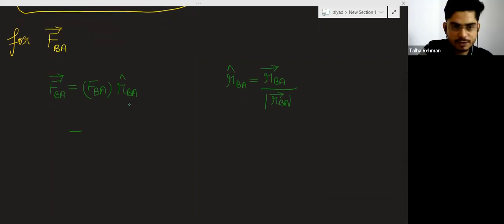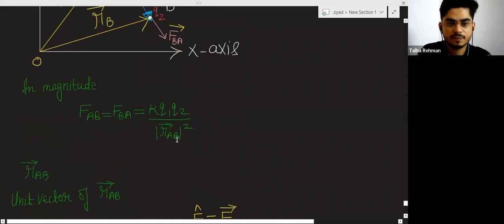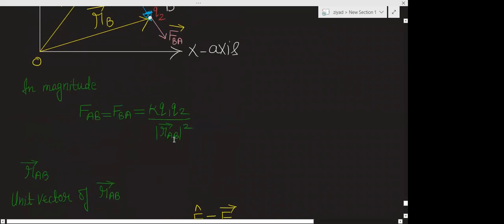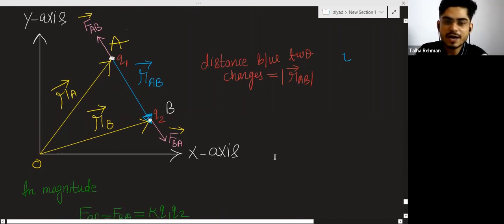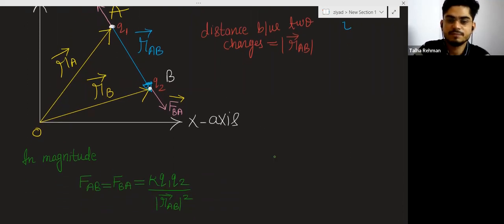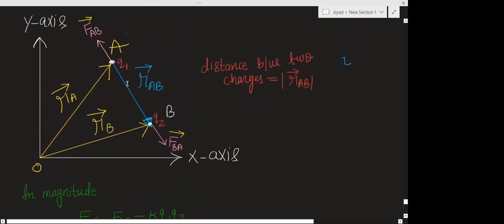So for calculating the magnitude of F_BA, we know that k Q1 Q2 divided by r_AB square. And one thing I want to clear, the magnitude of r_AB and r_BA is the same, because magnitude means length of AB, and the length of AB will be the same.